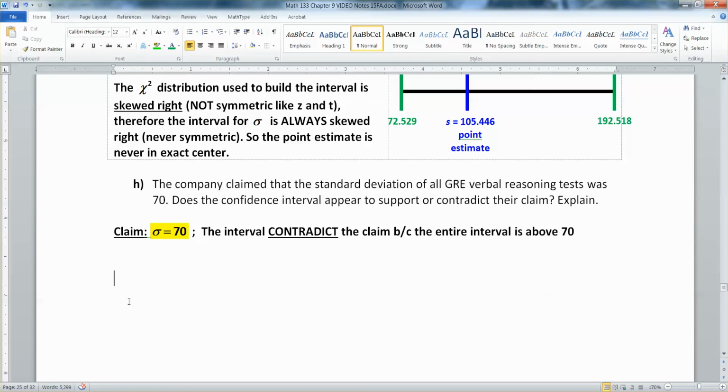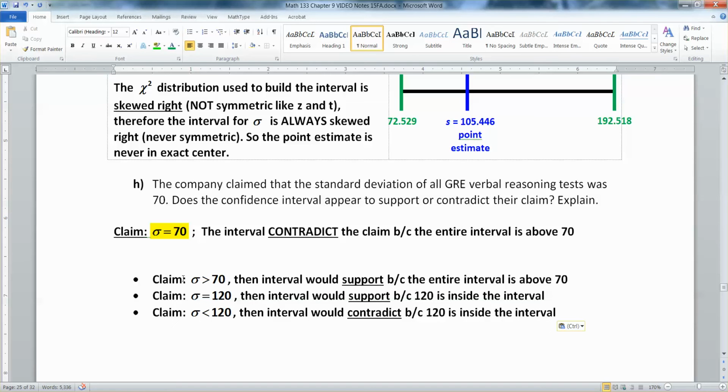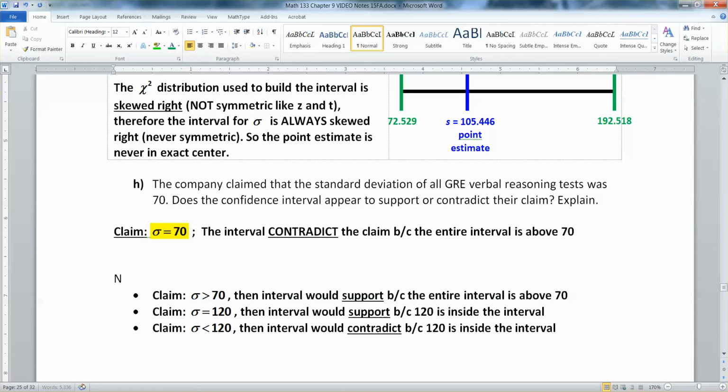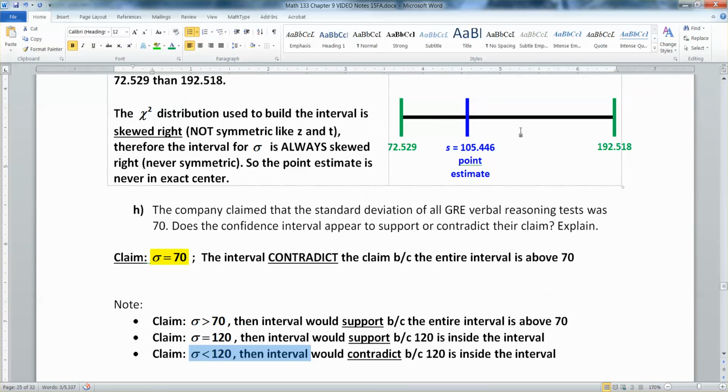If they had claimed it was 120, which is actually what they really did claim, then the interval would support them because 120 is inside that interval, right? But claiming 70 when 70 is not in our interval does not support that. If they had claimed it was less than 120, our interval would contradict that because our interval is not all less than 120. We have a whole bunch of stuff over here that's above 120.